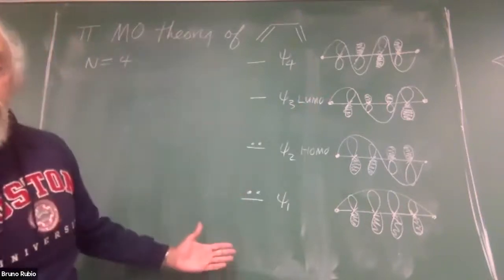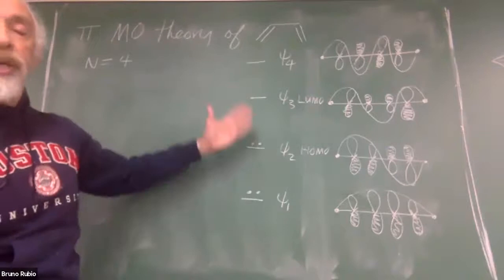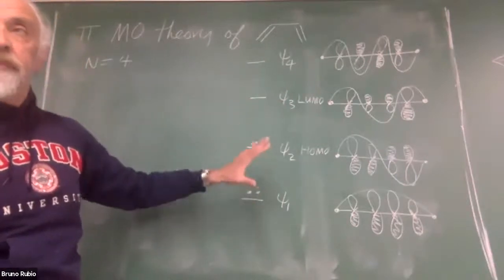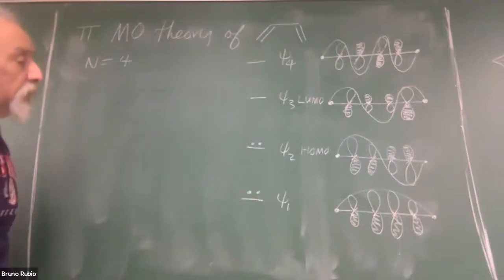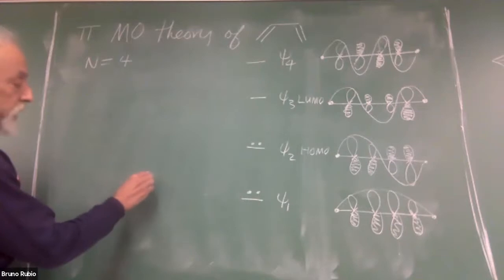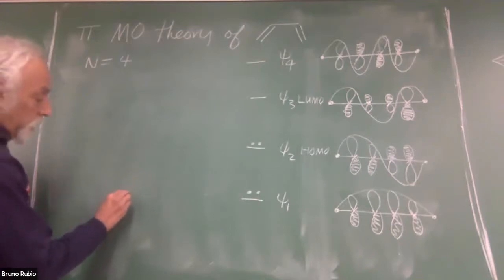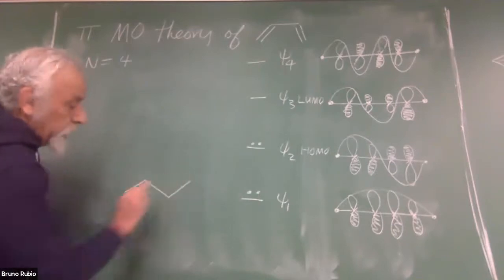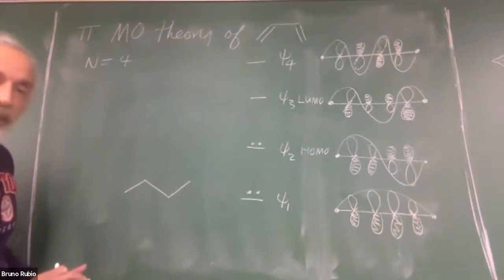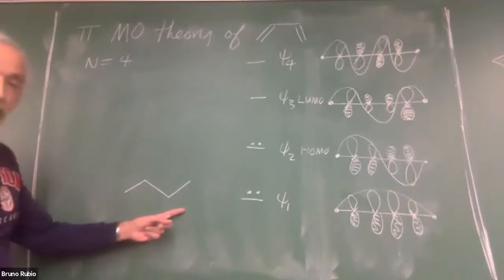Okay, this took a lot of time, so let me show you another way that you can come up with these orbitals that is a little bit speedier. All right, so imagine we have my skeleton of butadiene, 4 carbons.